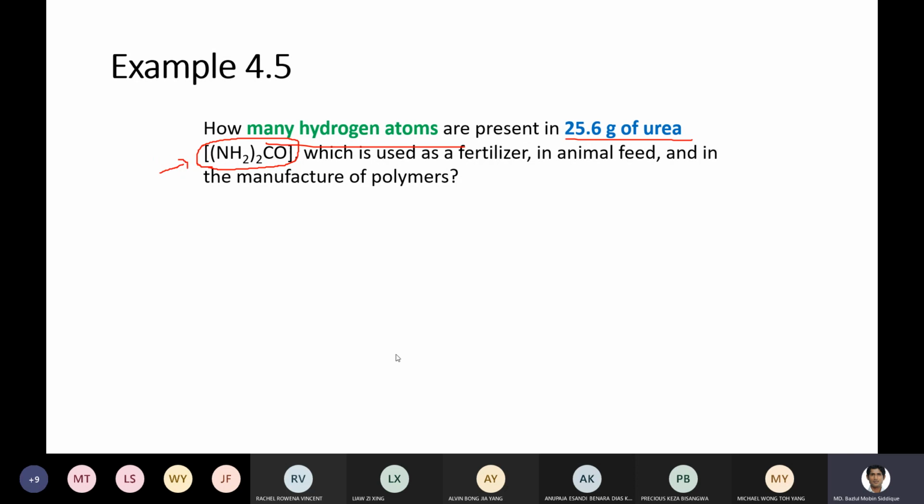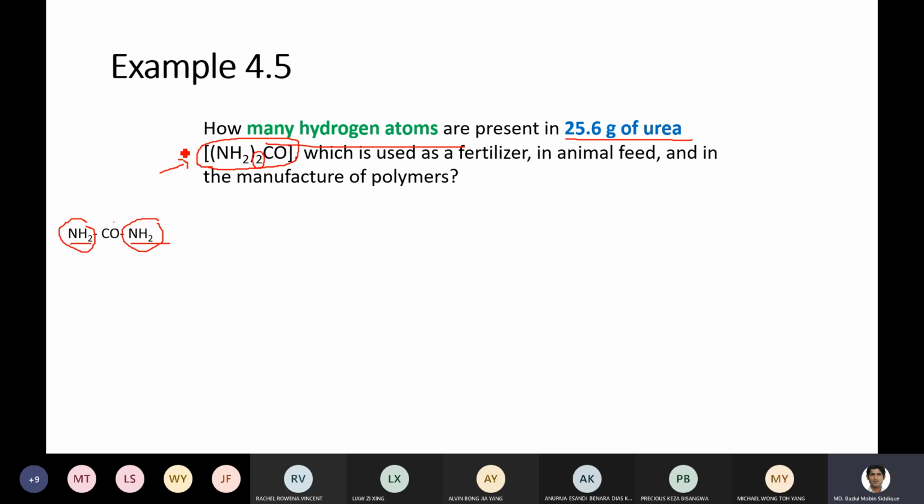It's a molecule. And if we write it, this 2 means there are 2 NH2, right? So if we write it in a separate way, we can write it as one CO and then 2 NH2.